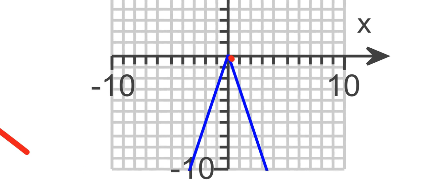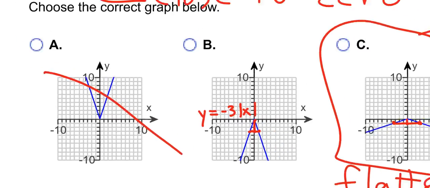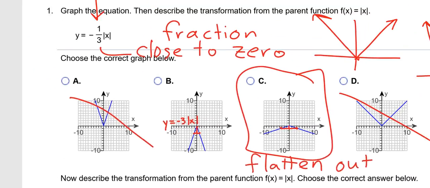On this graph, you have to go down 3 and over 1. Down 3 and back 1. So this is actually y equals negative 3 times the absolute value of x. So the slopes of the lines can help you find that coefficient.